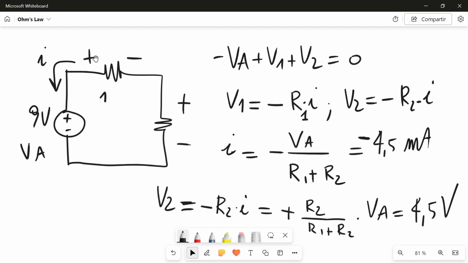You can try to switch polarity and solve the same system following all this reasoning with the meshes and the convention of Ohm's law. You will have exactly the same results.